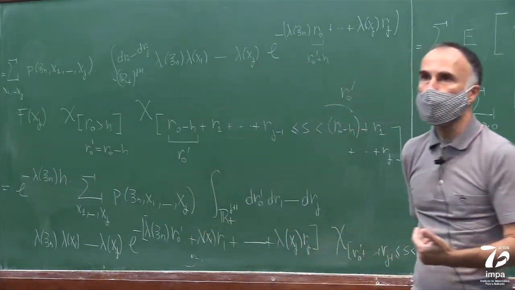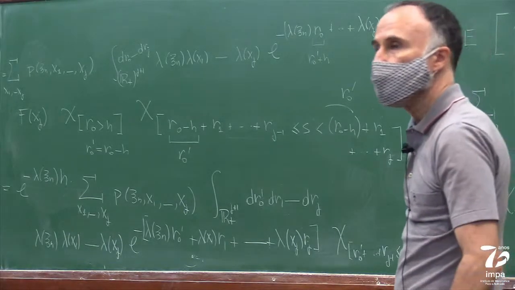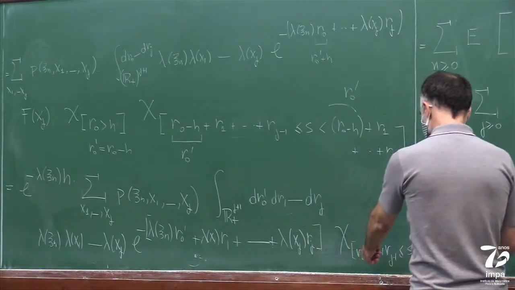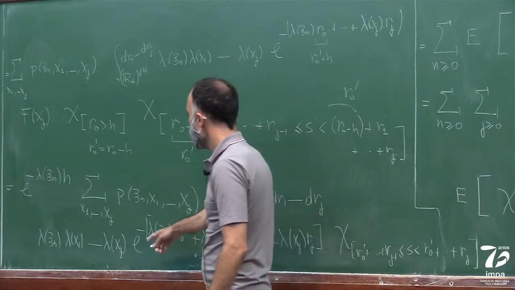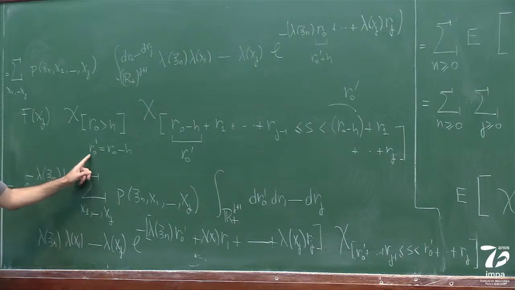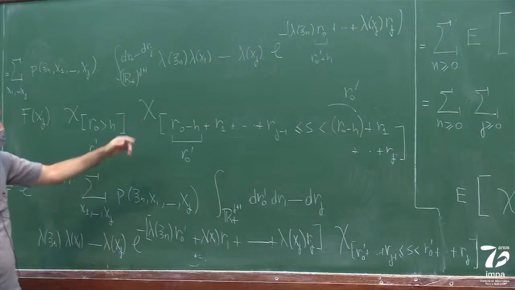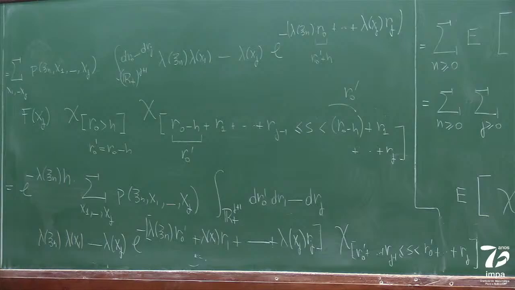Otherwise, everything else is integrated. In the characteristic, I have only r's, because once I changed variables, the h disappeared from this indicator function. Can you discuss it, right? Yeah, sure.